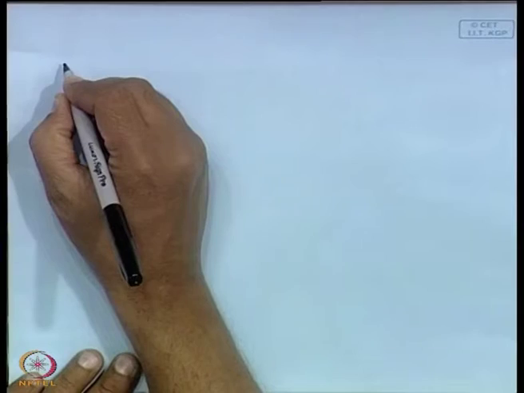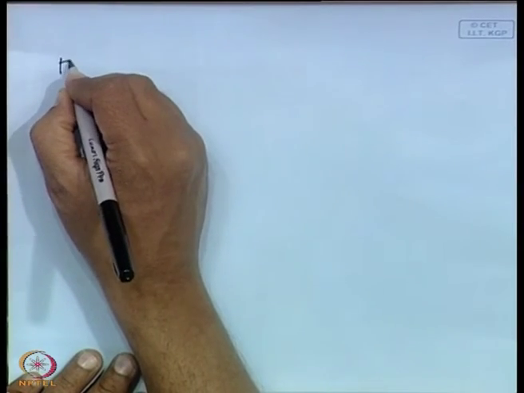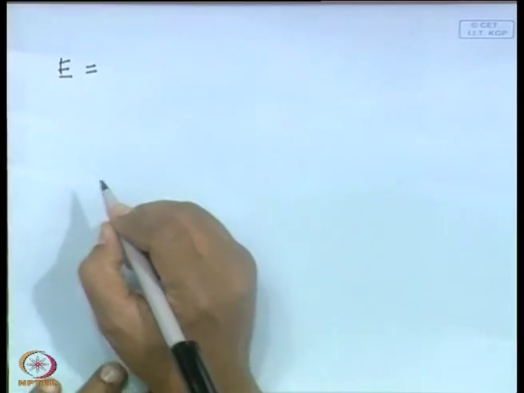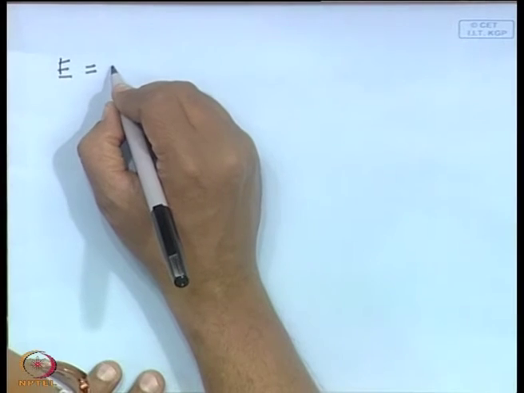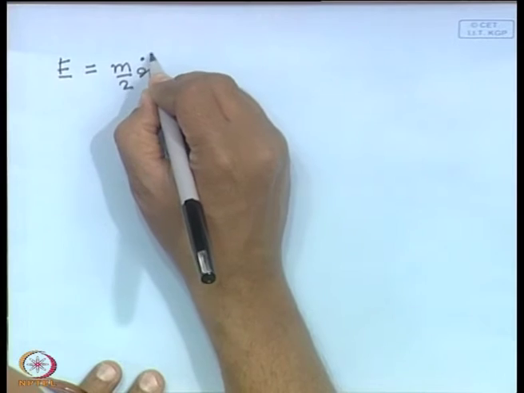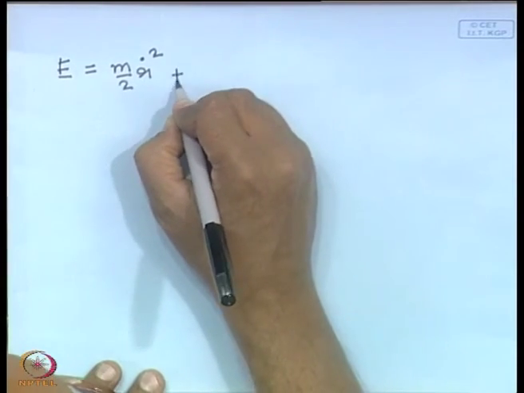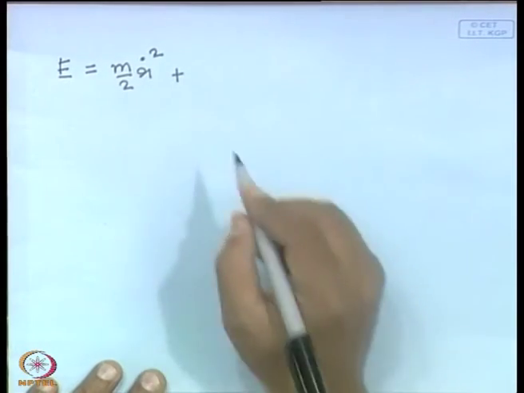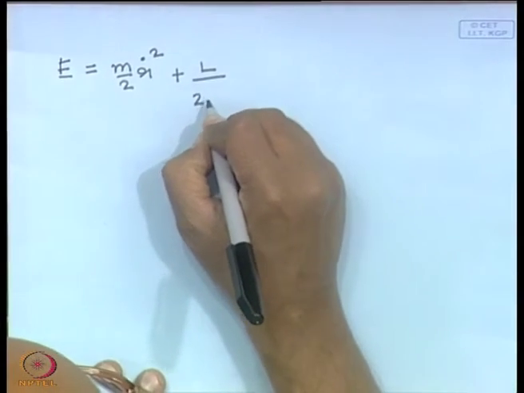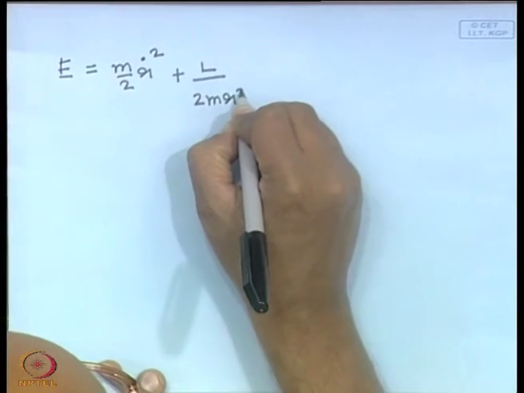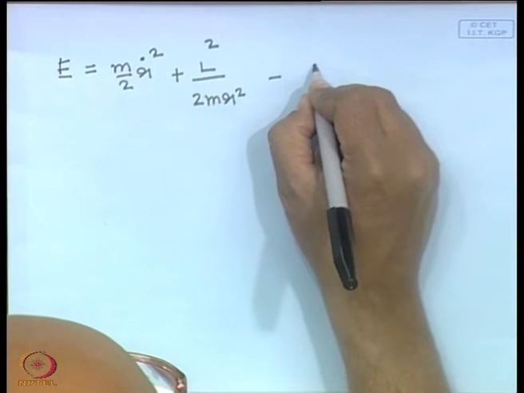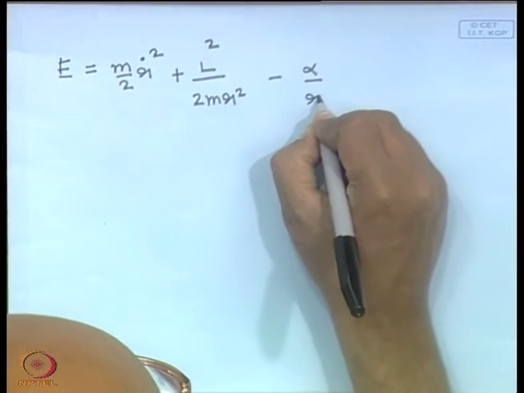So, let me start with the energy, the conservation of energy E. We had calculated this was m by 2 r dot square plus L square by 2 m r square minus alpha by r.